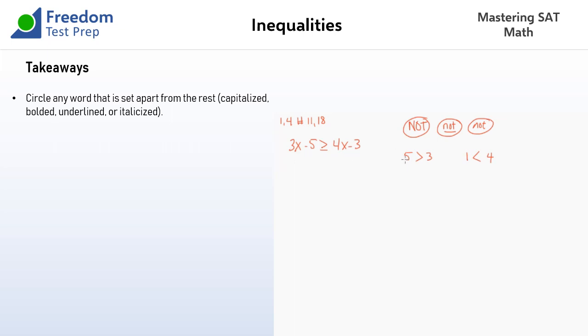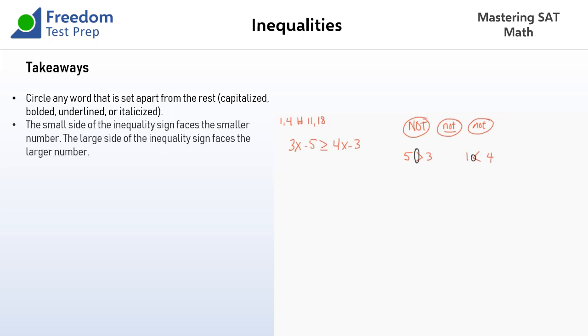So when we're reading, we read 5 is, and here is the bigger part of the inequality sign. So 5 is bigger than or greater than 3. Here, from left to right, 1 is, here's the itty bitty part of the inequality sign. So it's the less than. 1 is less than 4.